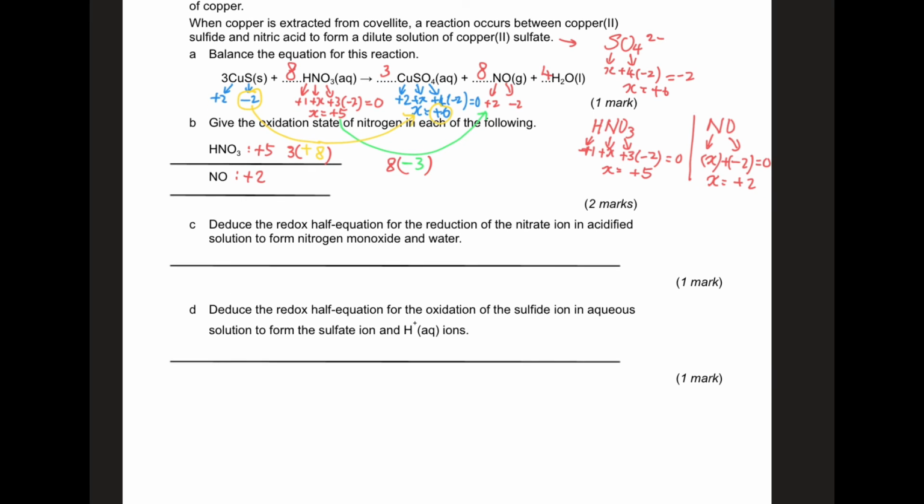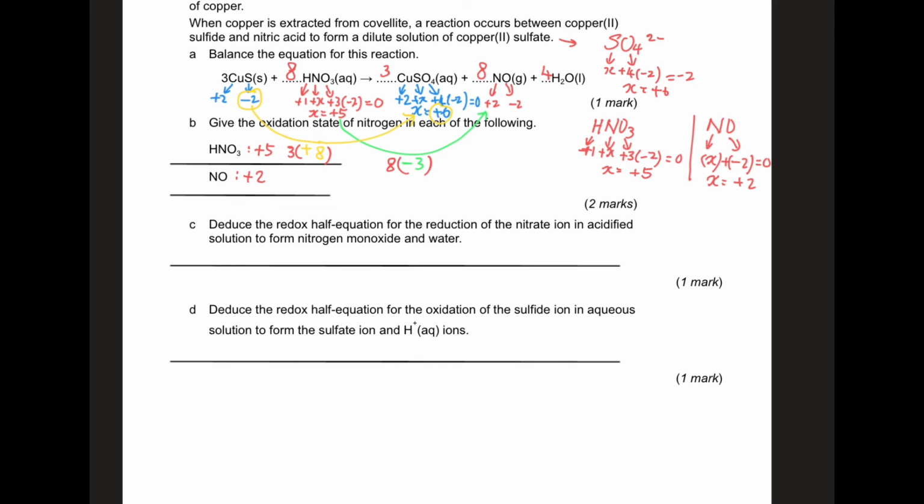Then part C. Deduce the redox half equations for the reduction of the nitrate ion in acidified solutions to form nitrogen monoxide and water. Okay, so we have nitrate ions.